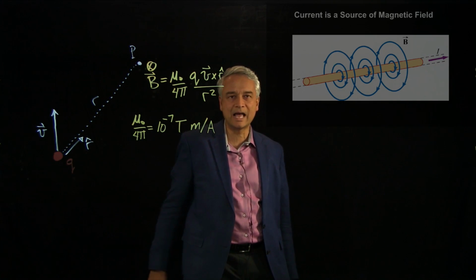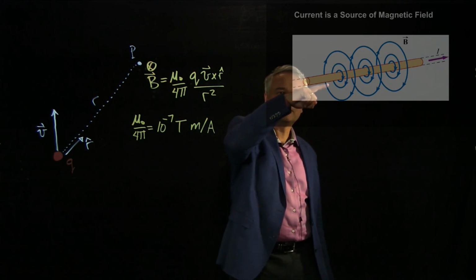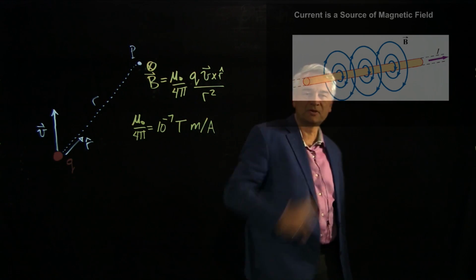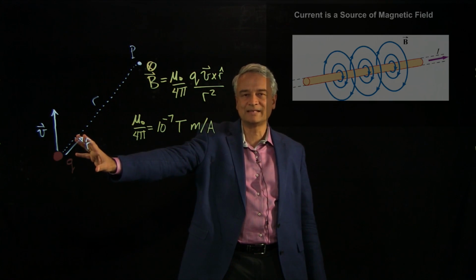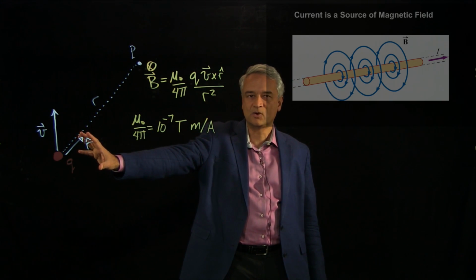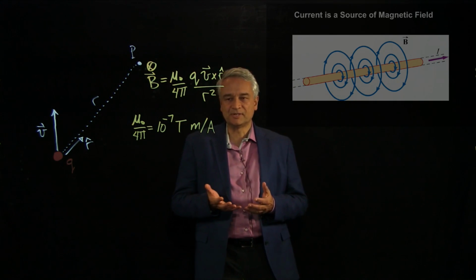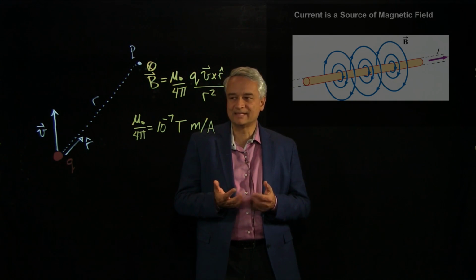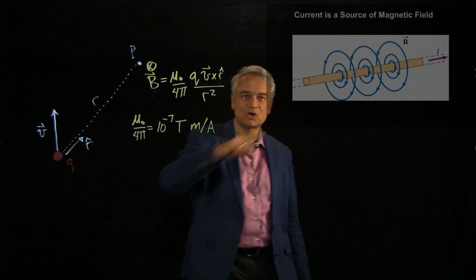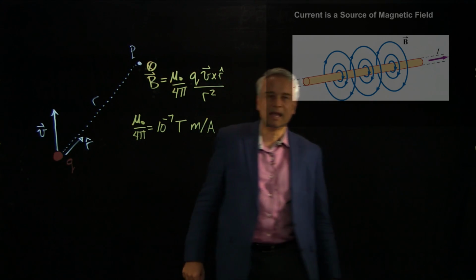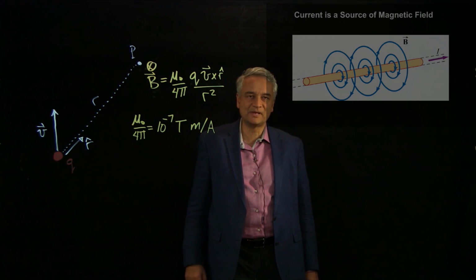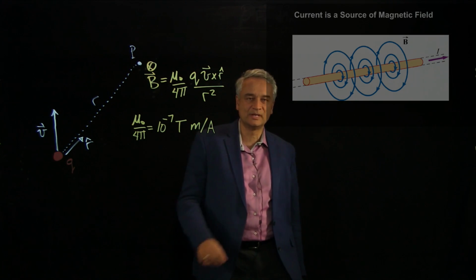In other words, I have a current I. Each of these little bits of charge Q makes a magnetic field according to this force law, and now I use superposition. I vector add all the magnetic field produced by all the little bits of charge that together make up this current. And when I do that, I get a magnetic field which looks as shown in this diagram here.